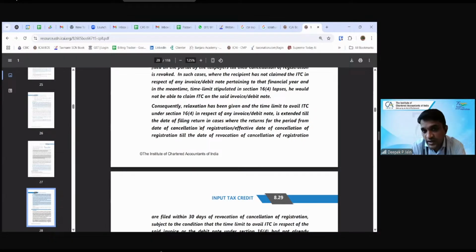If you file the return within 30 days from the date of revocation of cancellation, you will get the credit. Since there is no time limit, the recipient can issue the invoice at any time and claim ITC as per 16(4) from the date of filing. That is the first clarification, Vishal.